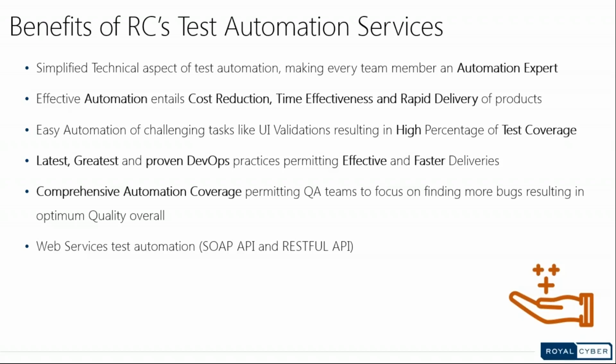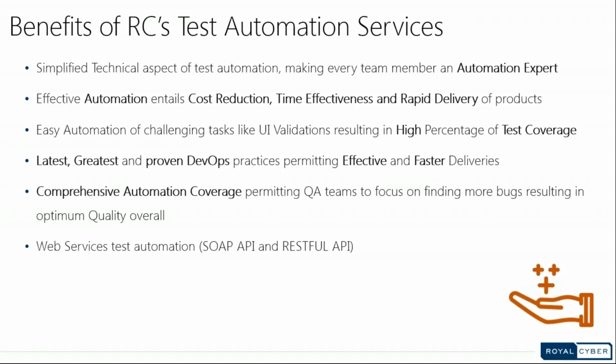Easy automation of challenging tasks, like UI validation, is also one of the major aspects. Along with the functional automation, UI validations will also be done automatically using this framework, along with easy integration with the DevOps tools, automation coverage, and overall the quality perspective.